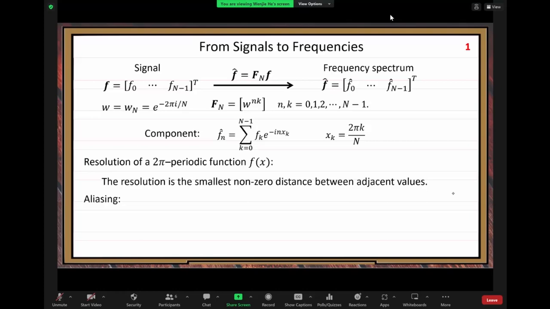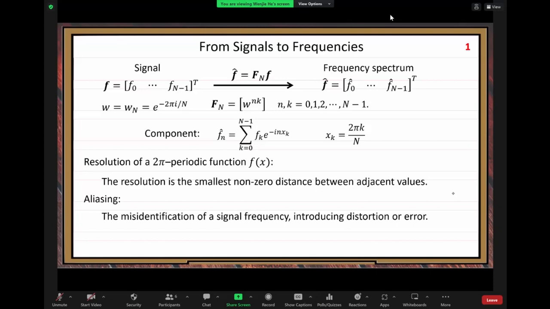Then there is an aliasing problem. In real world applications, this aliasing problem could occur frequently, so we want to avoid aliasing. So what is aliasing? The misidentification of a signal frequency, introducing distortion or error.